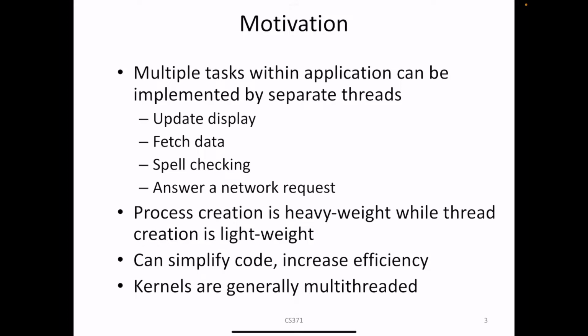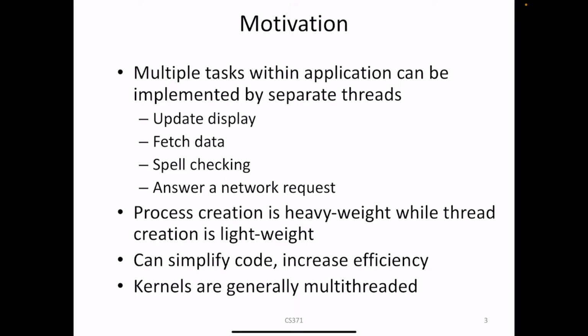And also, one task will check the spelling while you type in letters. Just like Google Gmail upgraded its interface, the new interface supports very good spell checking functionalities. And also you can add a URL into the text. When you click the URL, another task will answer a network request, fetch the URL content and show it in the web browser.